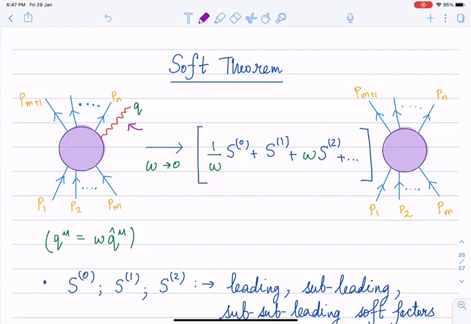Then what turns out is that this n+1 point amplitude factorizes in terms of an amplitude without the soft particle.